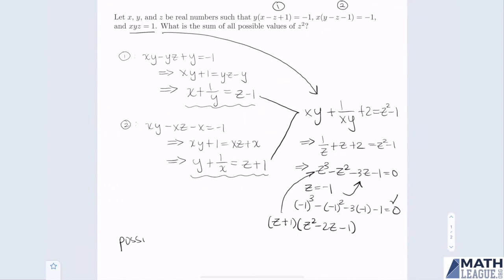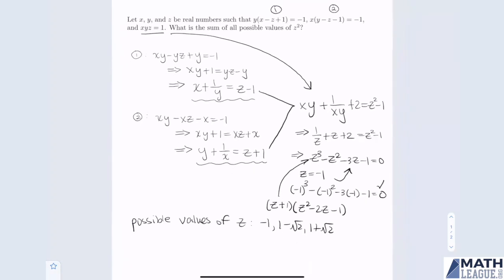The possible values of z are minus 1, as well as 1 minus root 2 and 1 plus root 2. But now we need to be careful and make sure that these values actually correspond to solutions.